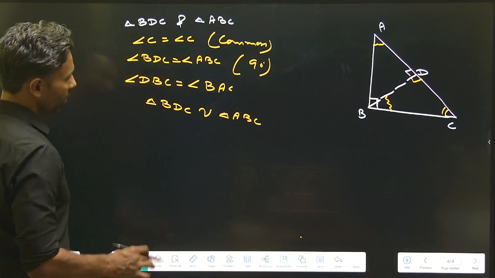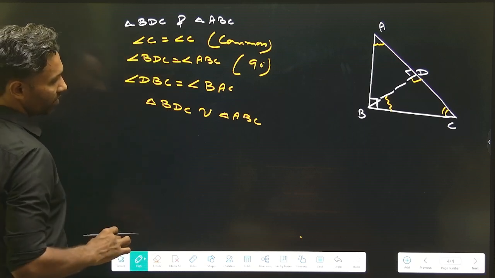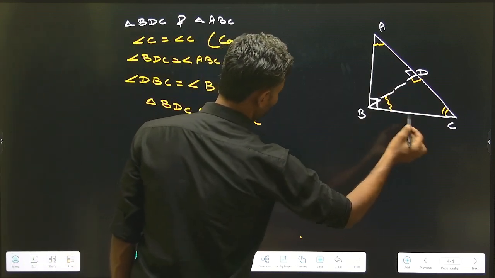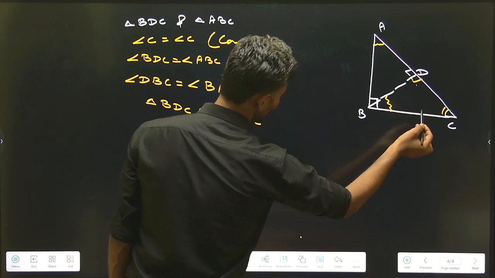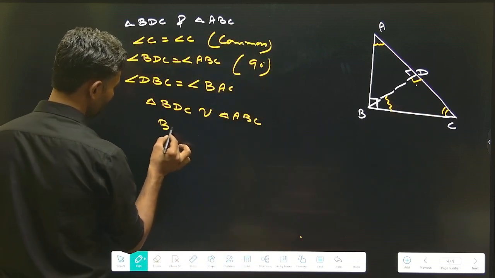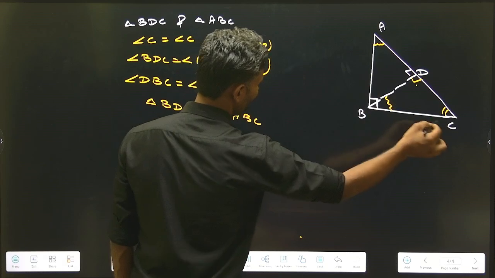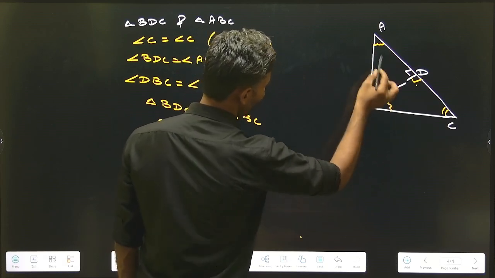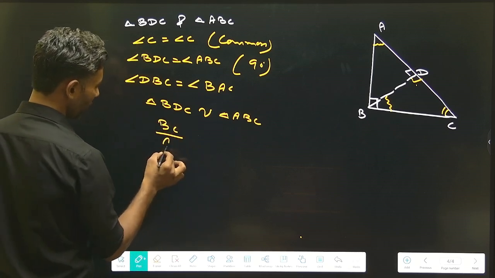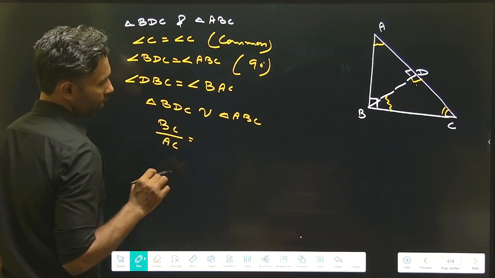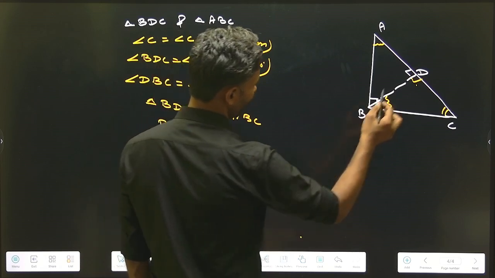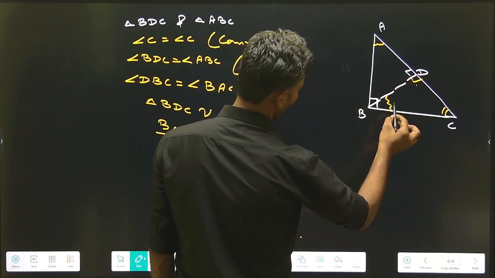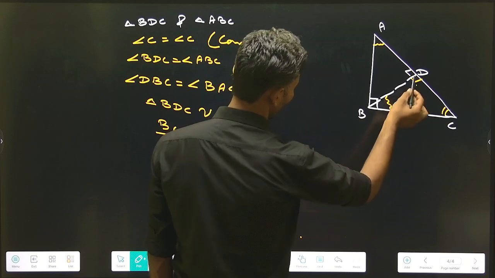We are starting from triangle BDC. In triangle BDC, the side opposite to 90 degrees is BC. So we can say BC upon, in triangle ABC, the side opposite to 90 degrees is AC. So BC upon AC equals, in triangle BDC, the side opposite to this particular angle is CD.